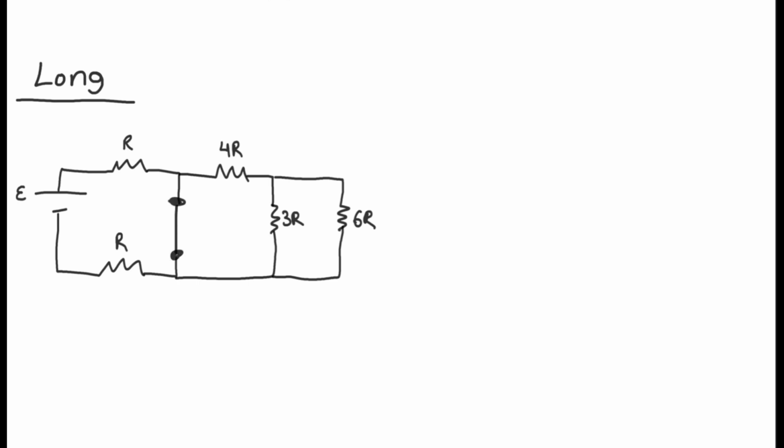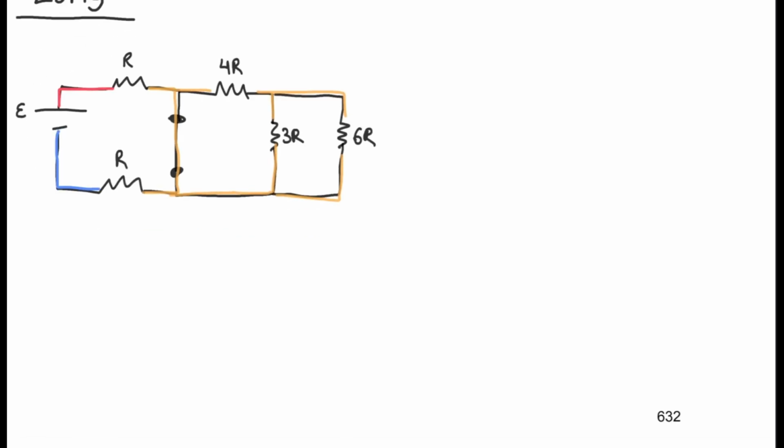And as such, if we were to color code our potential, we see that the entire right half of the circuit is actually just removed, because we get this yellow color on both sides of all of these resistors.